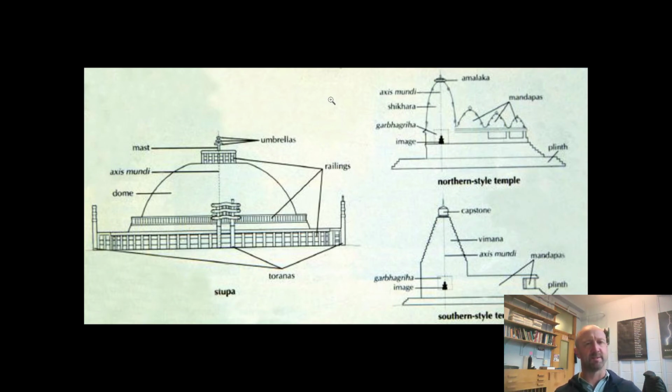And other times they are understood to be symbols of what are called the three jewels of Buddhism. And those three jewels are, number one, the Buddha; number two, the law or Dharma, the law of Buddha; and number three, the monastic order, or the Buddhist monks who continue the traditions of the Buddha.